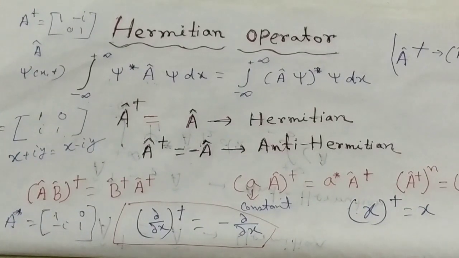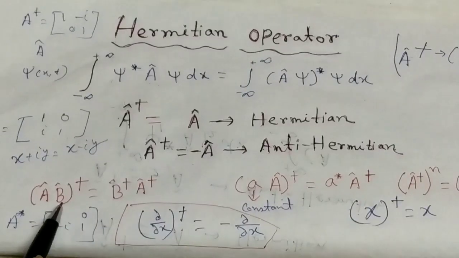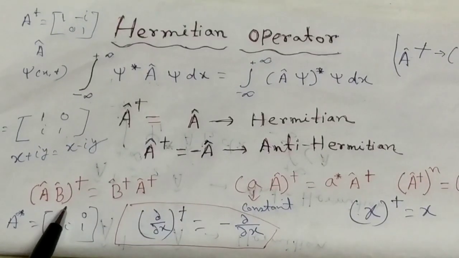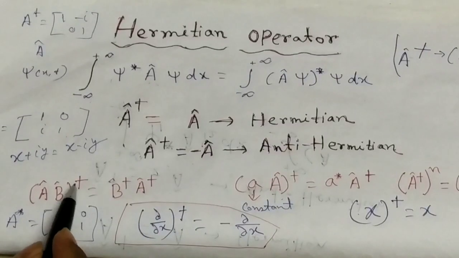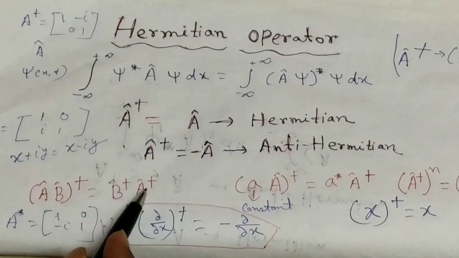Before we discuss the problem, we remember some basic properties. If A and B are two operators and we take the dagger, then (AB) dagger is equal to B dagger A dagger.